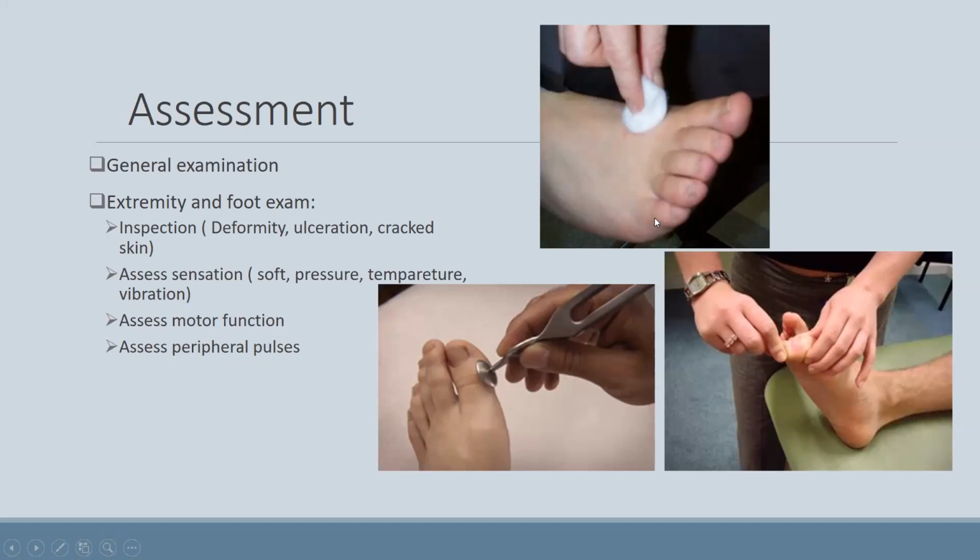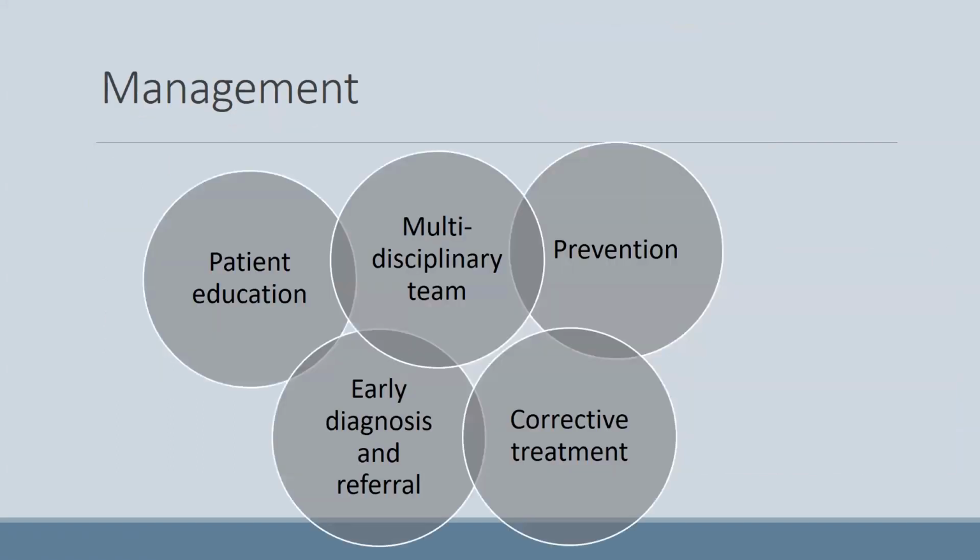Is it pointing up or down? You'll be surprised that these patients also lose proprioception, which is part of the autonomic nervous system. This is why they have an abnormal gait, and it makes them prone to injury.